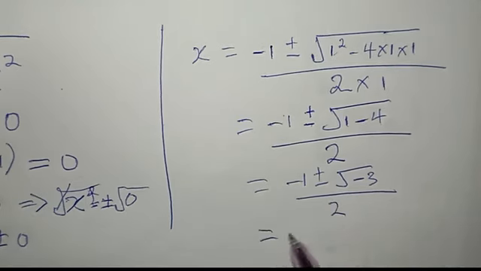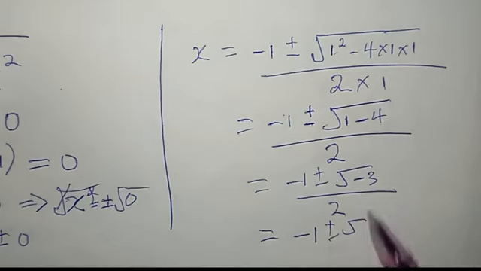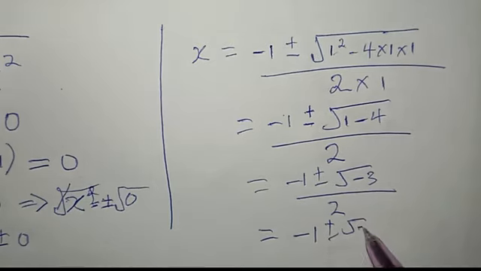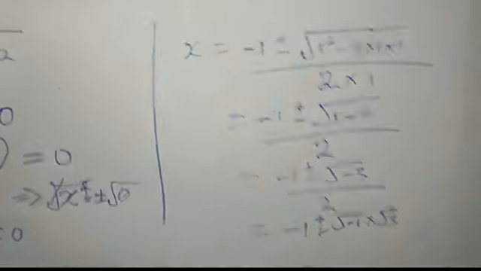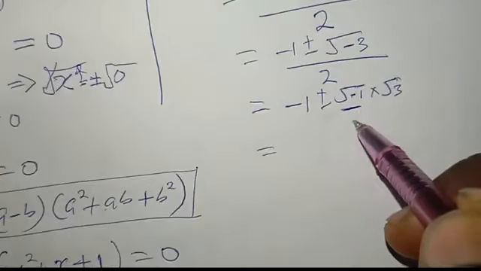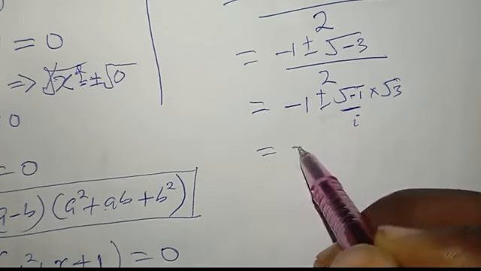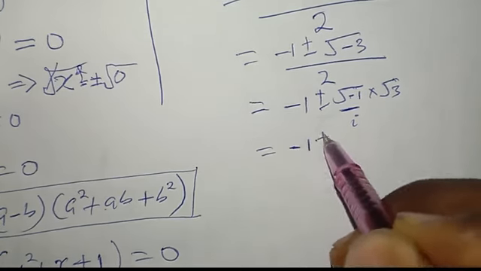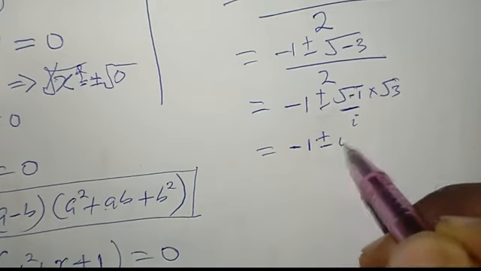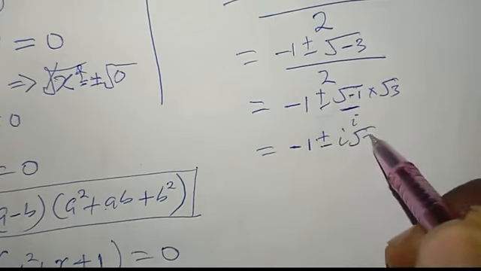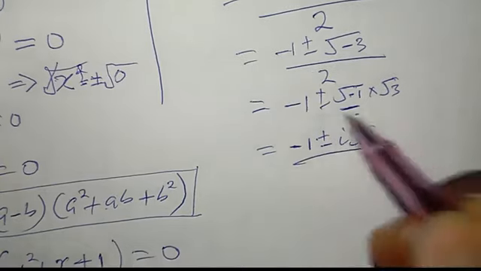Of course we can actually write this as -1 plus or minus. We can split these as root -1, okay, multiplied by √3. Okay, and of course root -1 here is i. Okay, so I now have that this is -1 plus or minus i√3, okay, divided by 2.